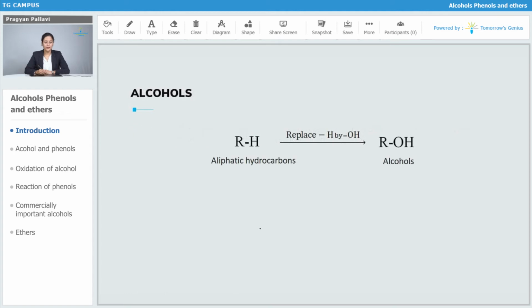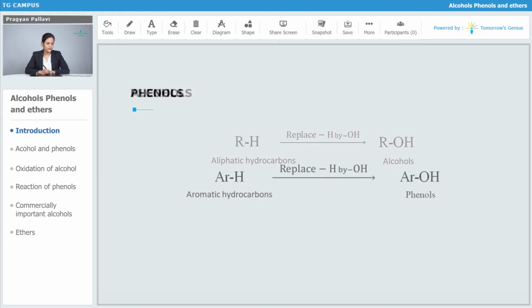So when we have aliphatic hydrocarbons and this H is replaced by OH, we get alcohols. And in aromatic hydrocarbons, if this H is replaced by OH, then it is phenol.